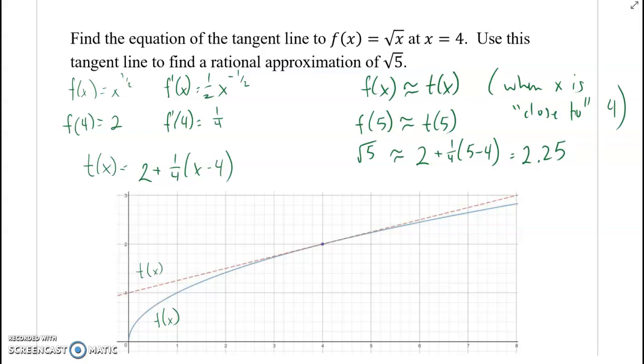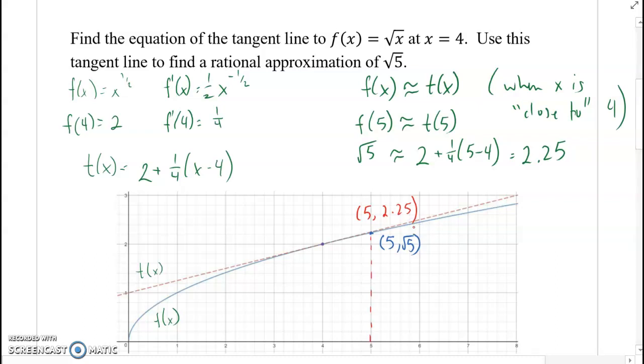Graphically, we can just kind of look at this, and we can see that at x equals 5, we can go up to find that this point right here on the curve is the point 5 comma square root of 5. And this point right here on the line is 5 comma 2.25. Or if you prefer, you can call it 9/4. I don't care.